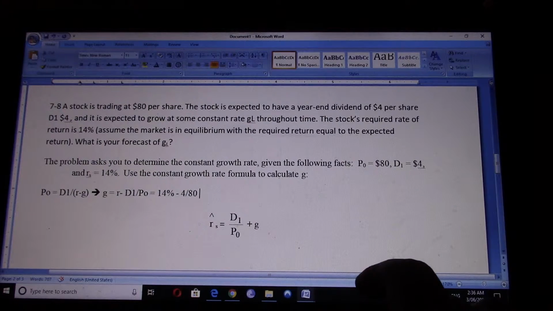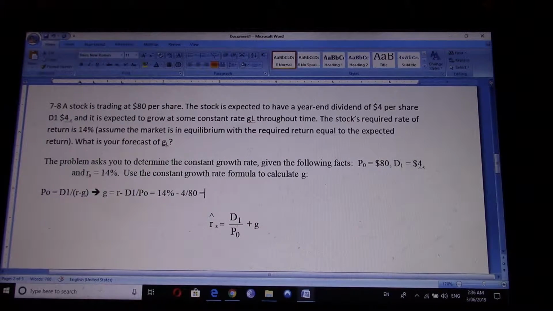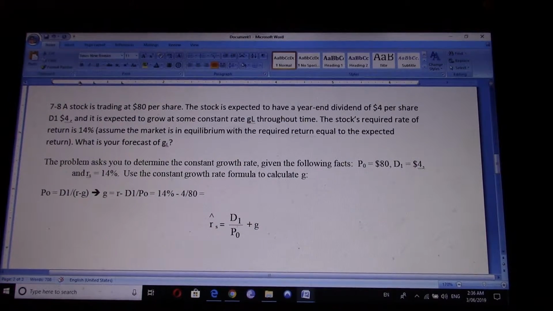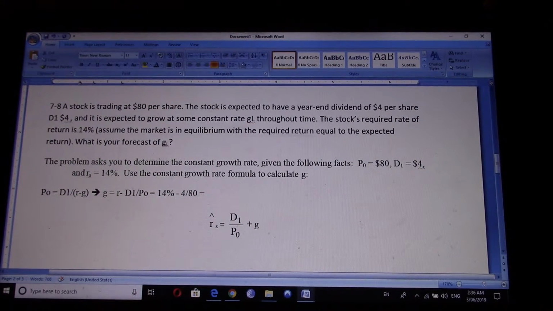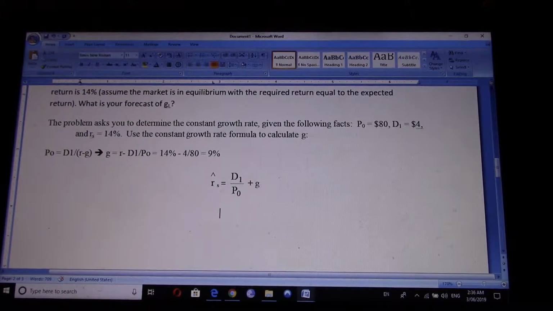So it should equal to 9%. We got the same result. So this is this question.